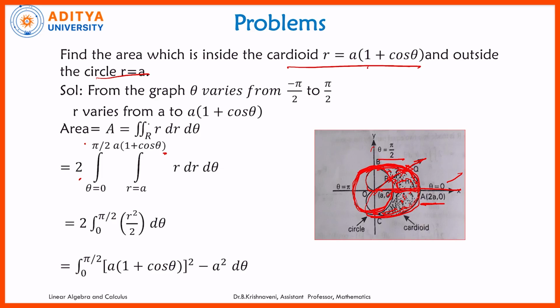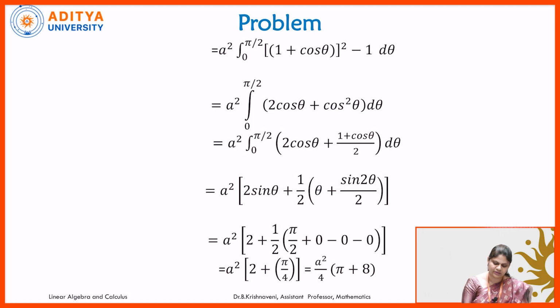Since to find the entire area, we need to take 2 into 0 to pi by 2, with the formula r dr d theta. So let's find the integration. First with respect to r, r square by 2 between the limits, substituting the upper limit and lower limit, and on cancelling the 2, thereafter simplify and do the integration with respect to theta.